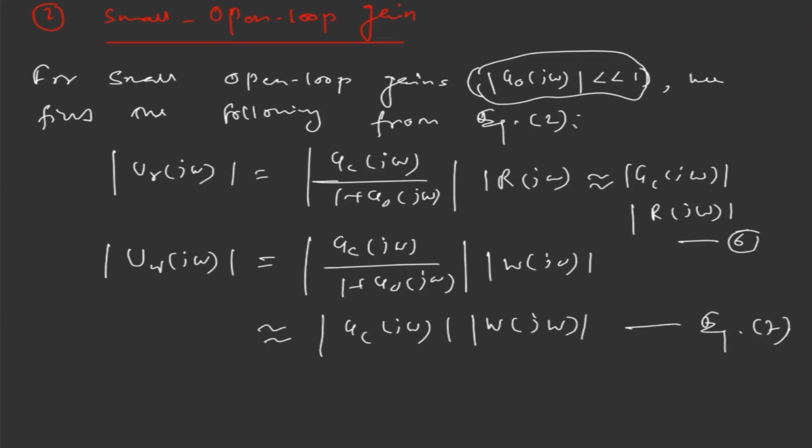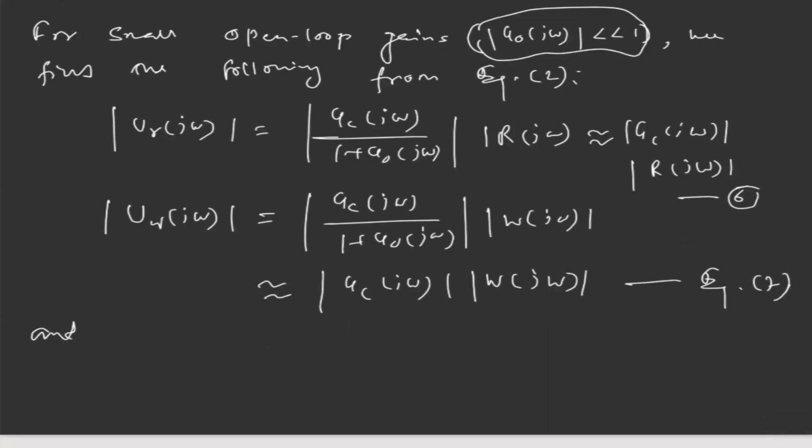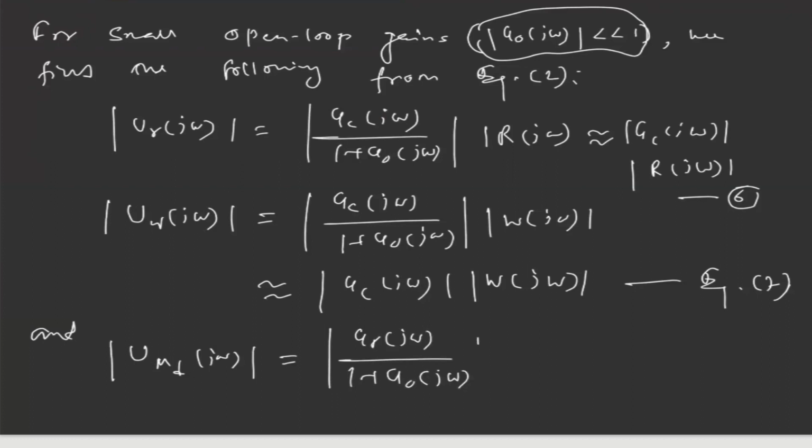And if you look at the disturbance part, U_MD(jω), we can write G0(jω) over 1 plus G0(jω), MD(jω), or equivalently you can write G0(jω) MD(jω).